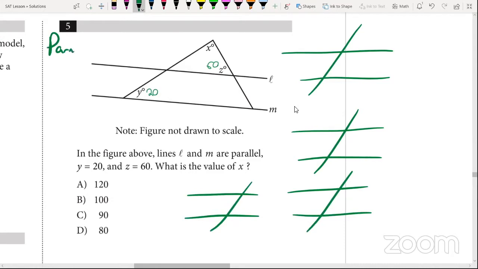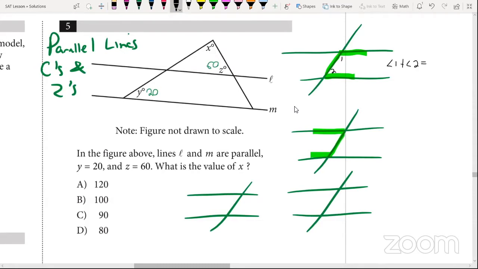If you have a C shape like this or like this, you need to know that the inner angles in there add up to 180. So here, angle 1 and angle 2 equals 180. And here, the measure of angle 3 and the measure of angle 4 equals 180.